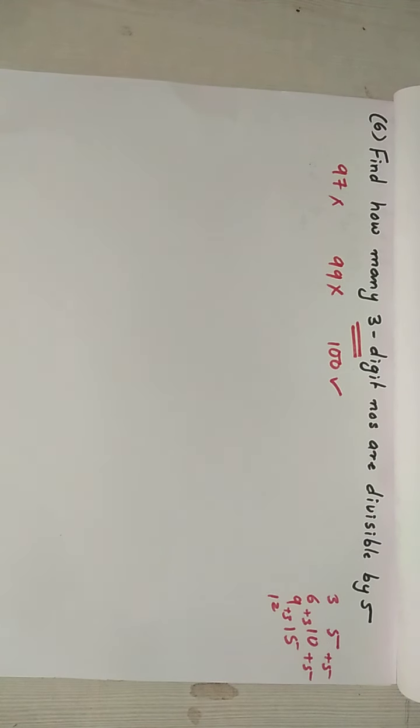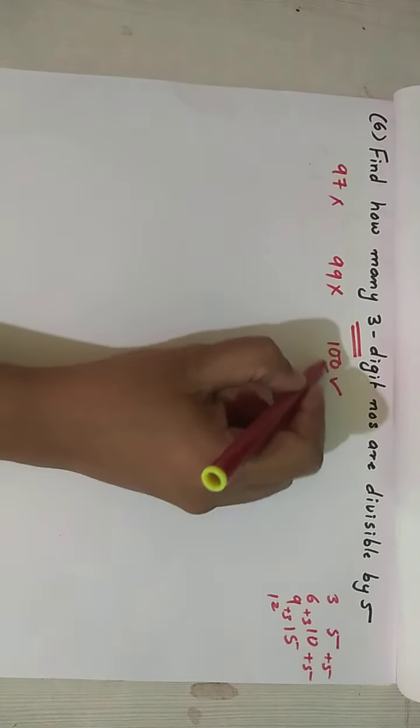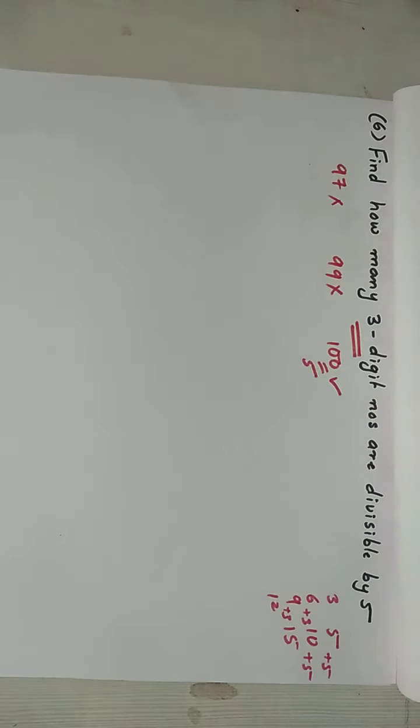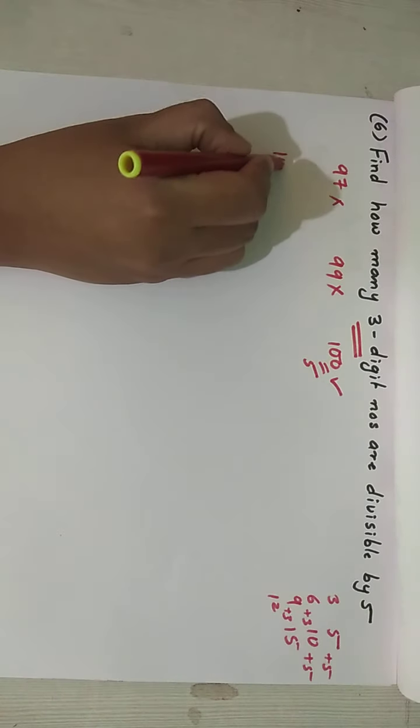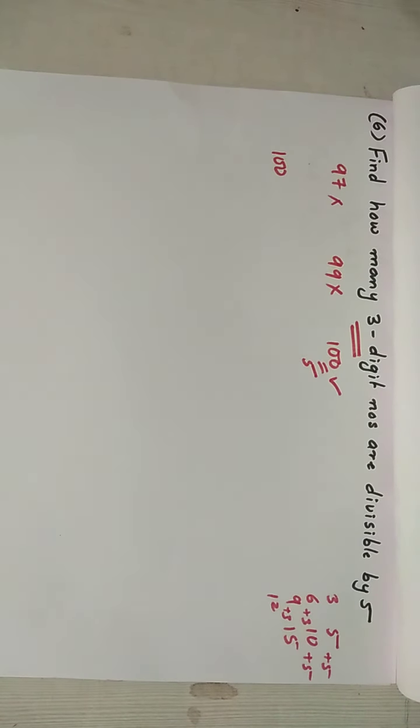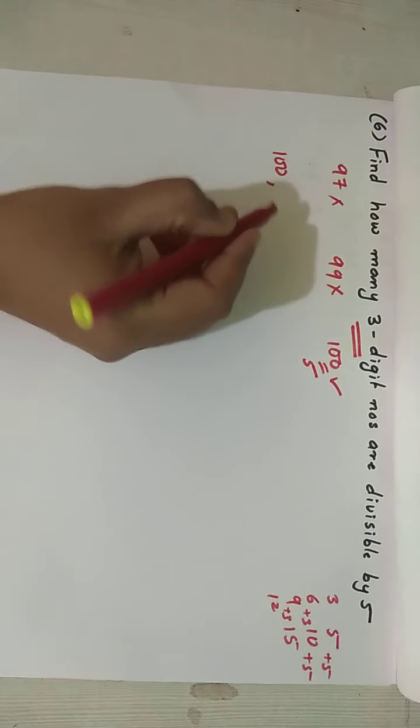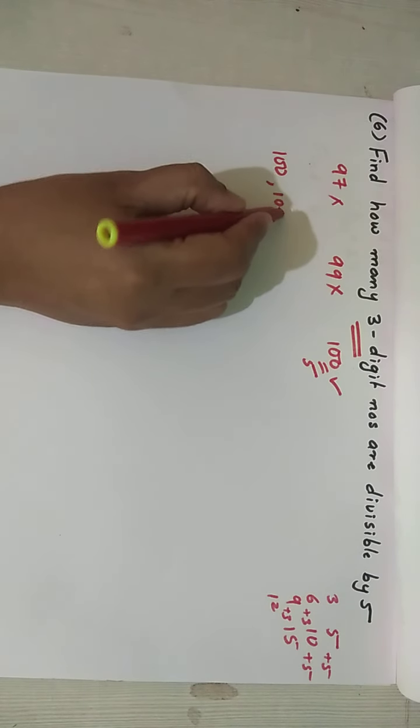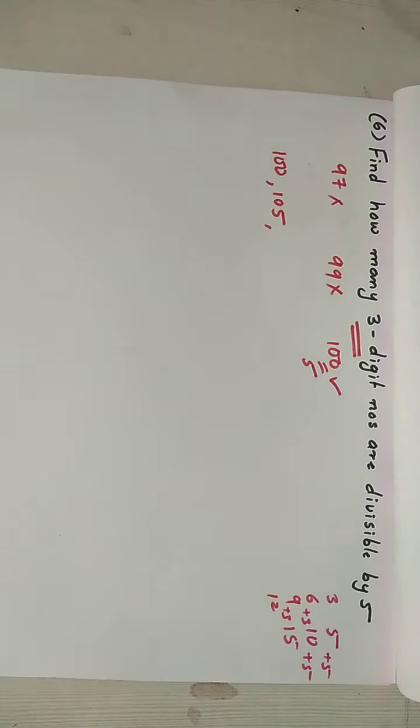And does 100 go in the table of 5? If you are good in your divisibility test, you know the numbers which have 0 and 5 in the end are all divisible by 5. So 100 goes in the table of 5. So the first 3-digit number which is divisible by 5 will be 100. Now the next number will be 105. You know now how to keep writing the table of 5.